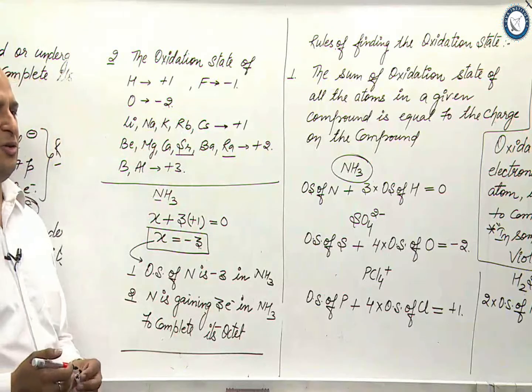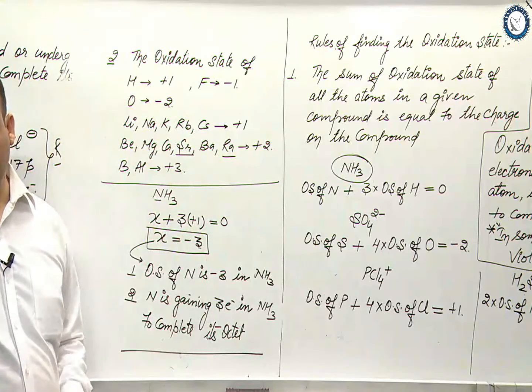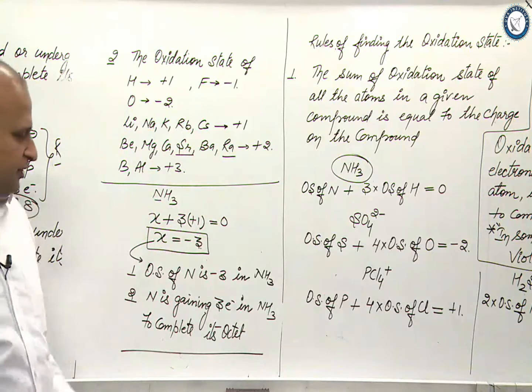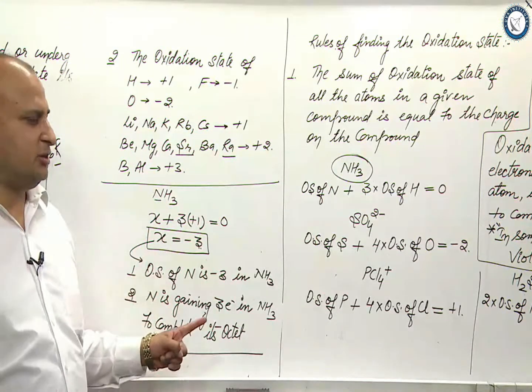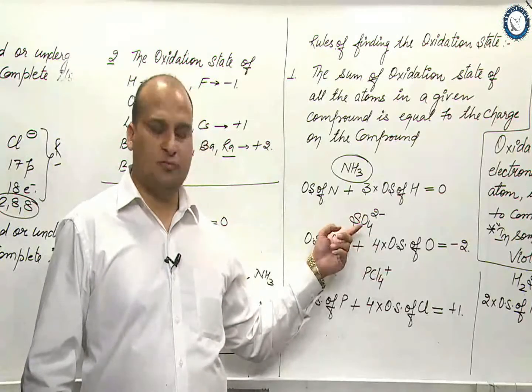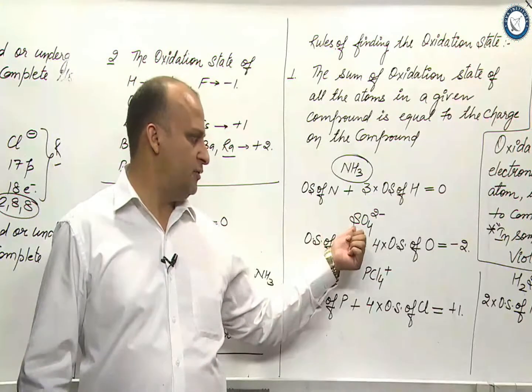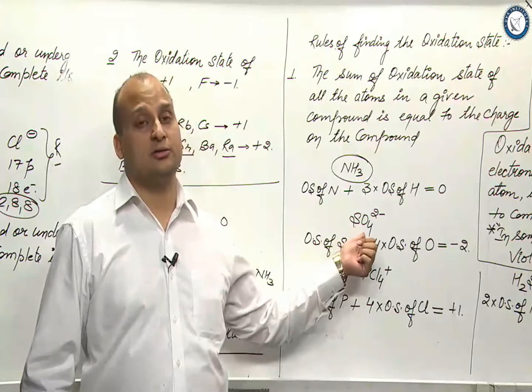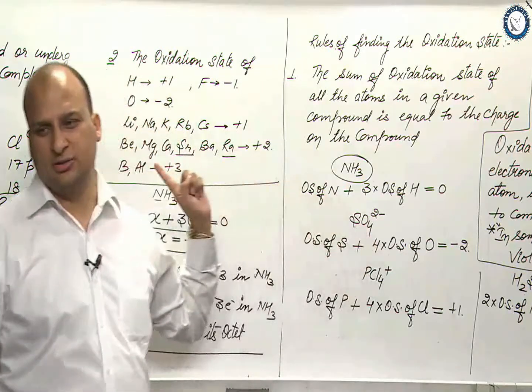Nitrogen is gaining 3 electrons in ammonia to complete its octet. Okay. So now friends, if you have understood this, over here tell me for which element you will have to calculate the oxidation state. Do you know about oxygen?